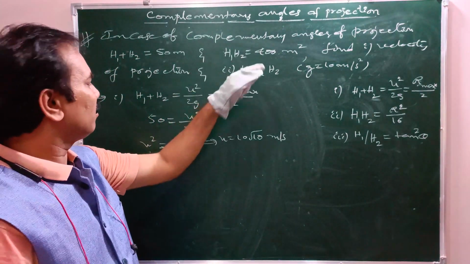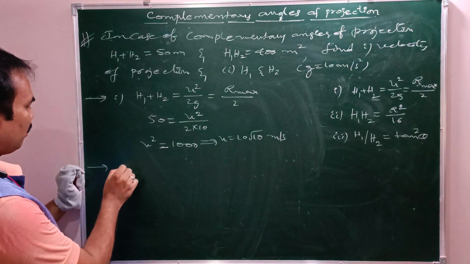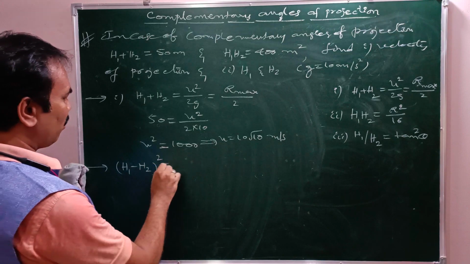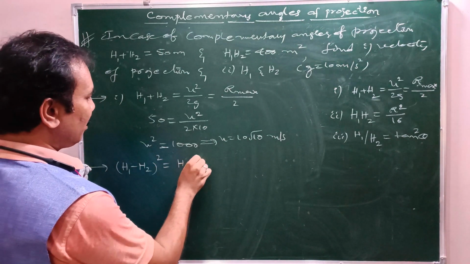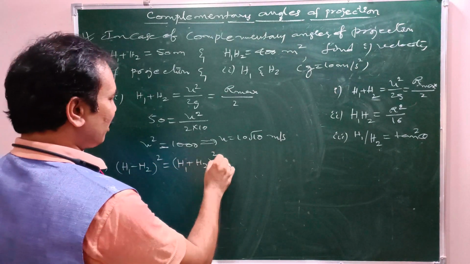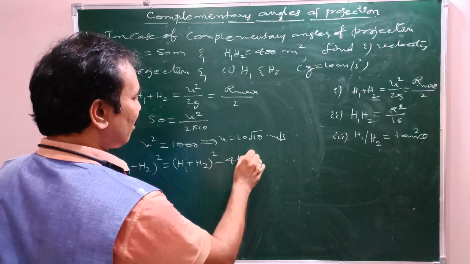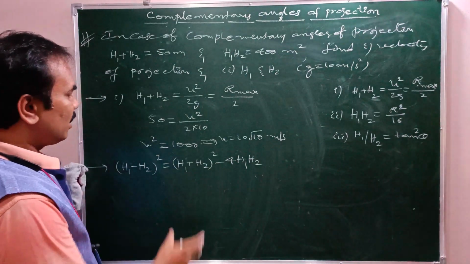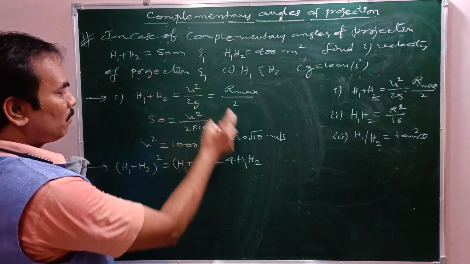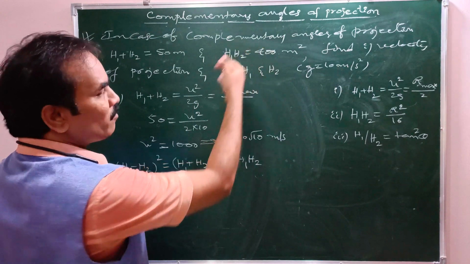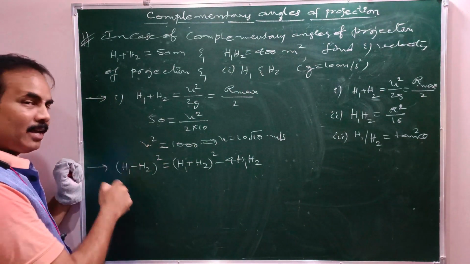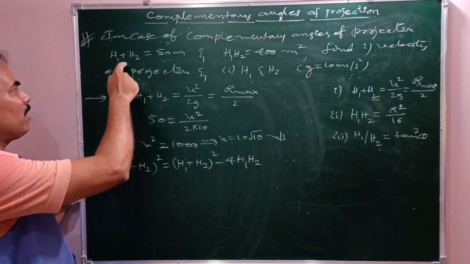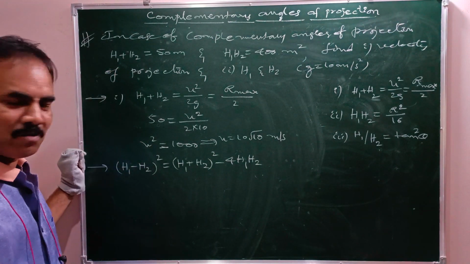Because here we have the product. Here we have h1 plus h2 value, also h1 into h2 value. So from which we can find h1 minus h2, and afterwards we can solve h1 minus h2 and h1 plus h2 to get h1 and h2 values.